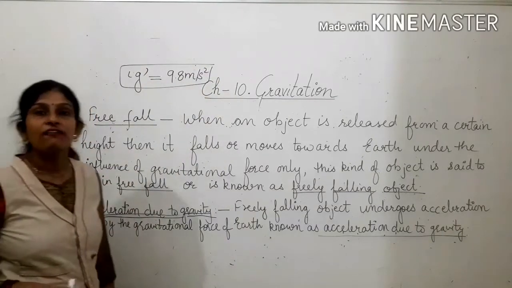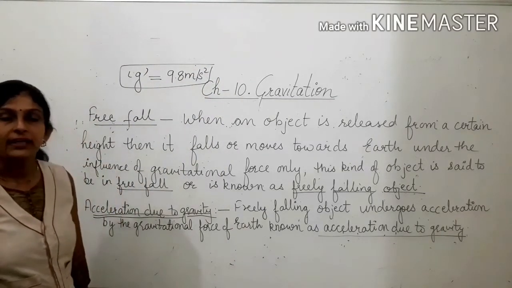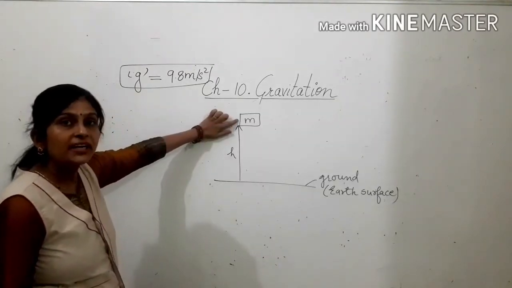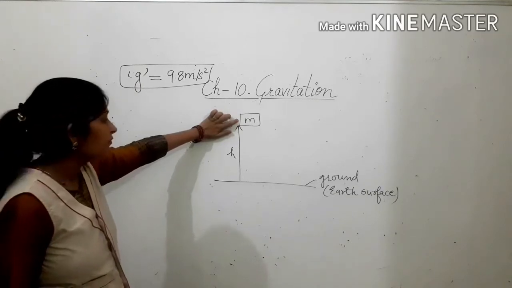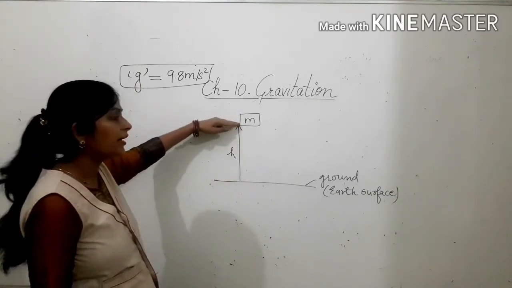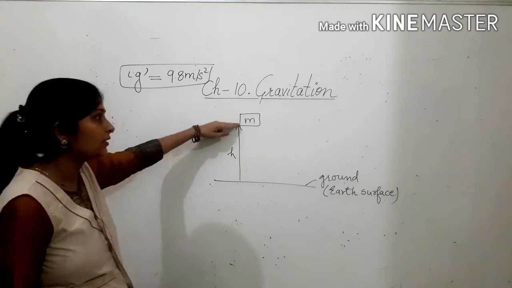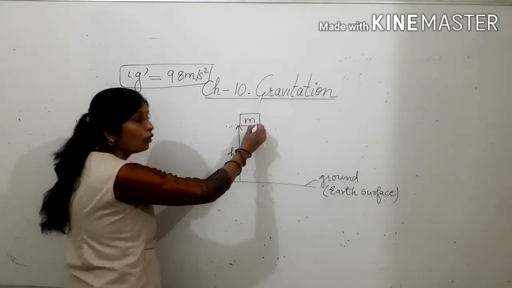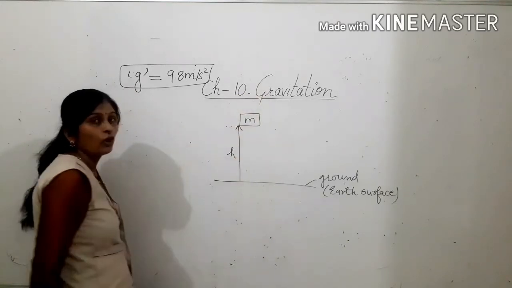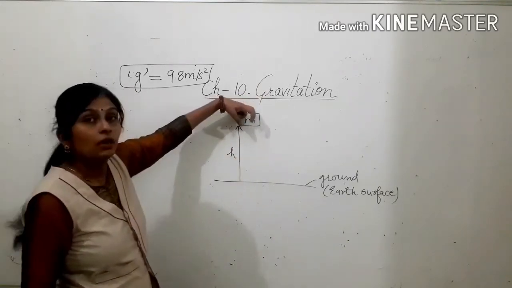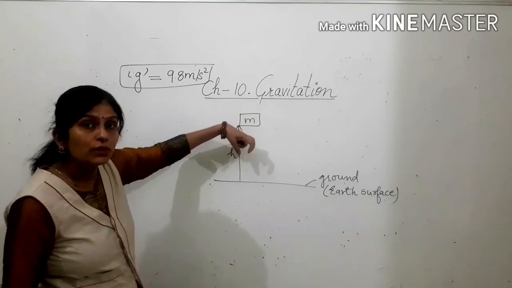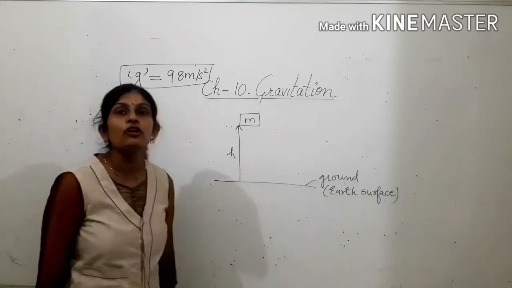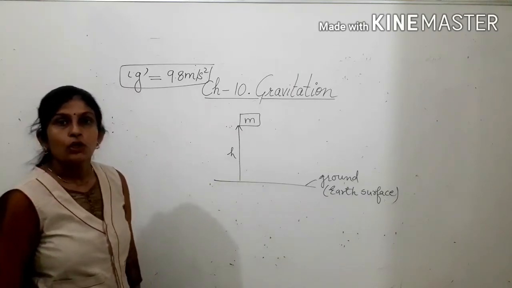How is this value derived or calculated? That I am going to tell you. Consider an object having mass small m, which is kept at a certain height from the ground or Earth's surface. Now, when this object is made to fall from this height, obviously it falls or moves towards the ground under the influence of gravitational force of Earth.